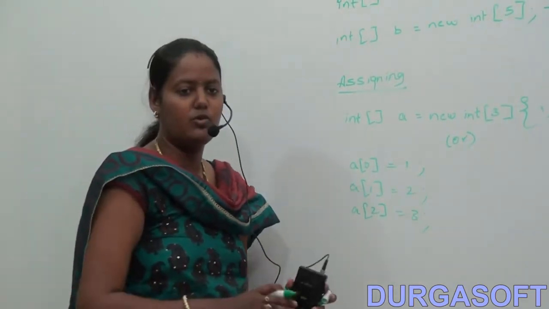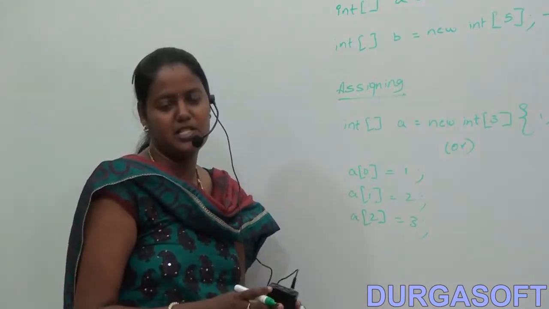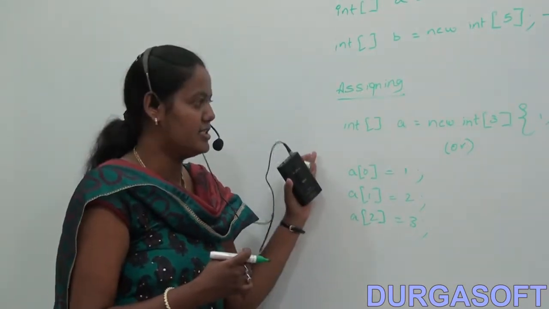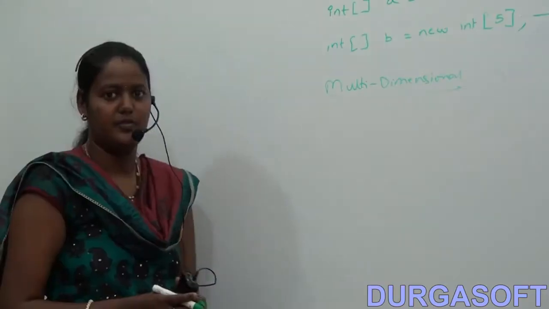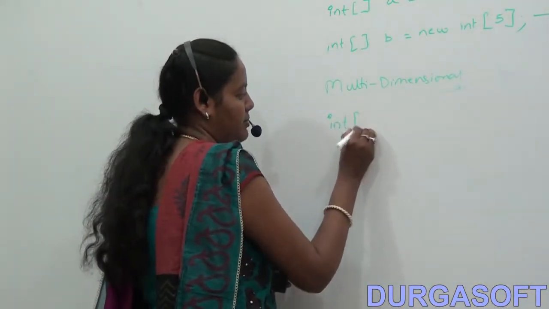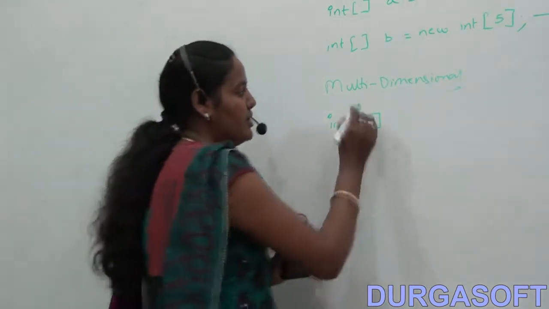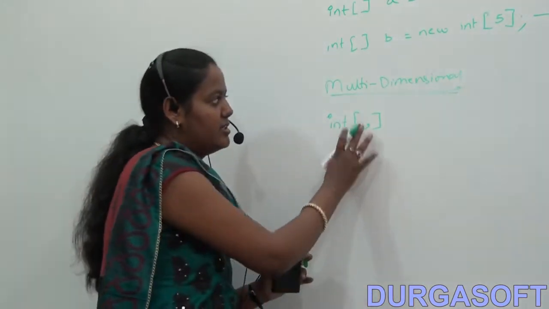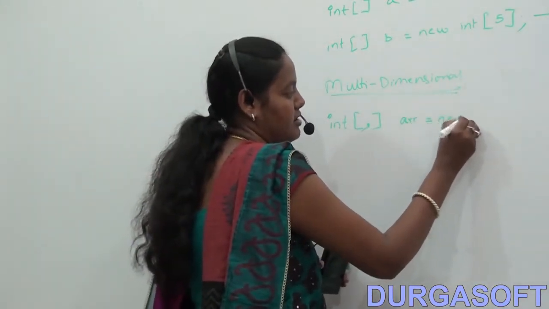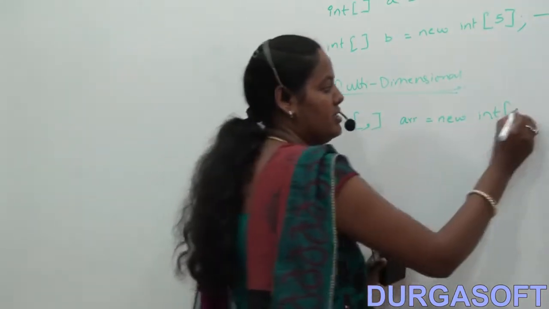So let us see how we initialize and assign the values for multi-dimensional as well as jagged arrays. That was for single dimensional arrays. Next, multi-dimensional. Here in multi-dimensional, you keep a comma in the brackets. Seeing this comma, you can take it as a multi-dimensional array. Equal to new int, here you can mention the size for rows and columns.